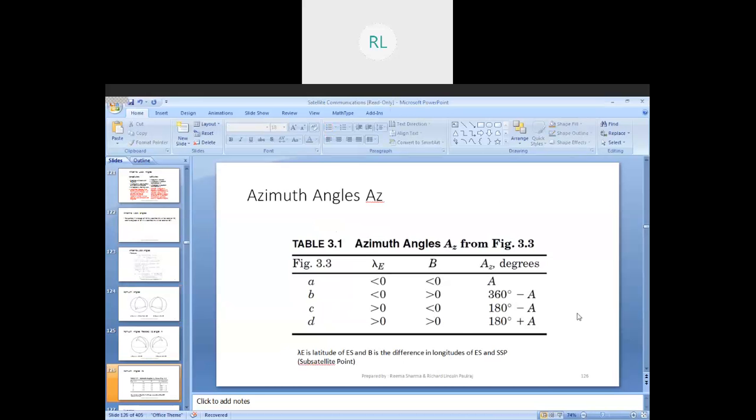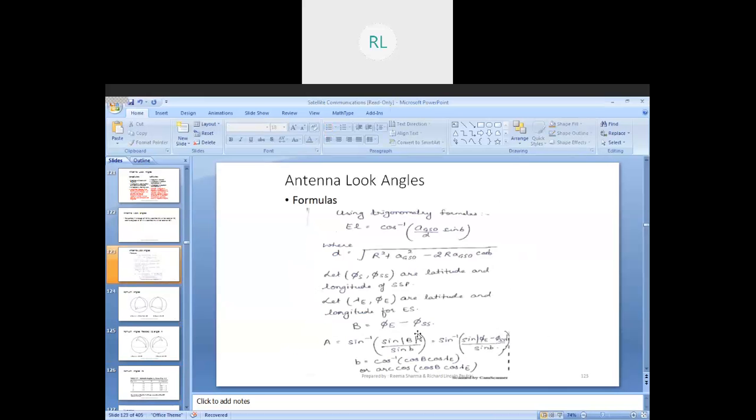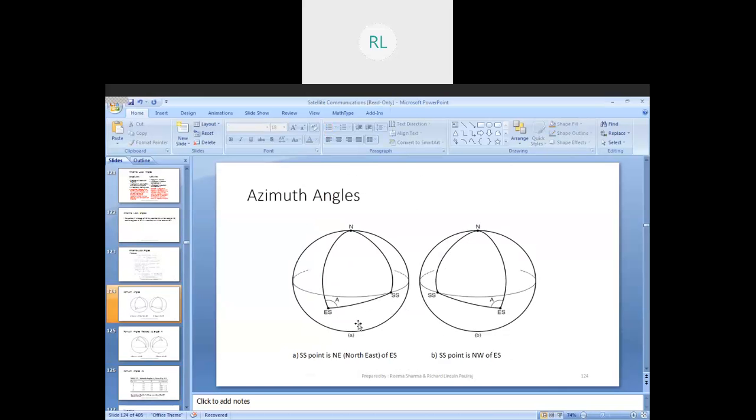So there are some standard values to be kept in mind. Remember, I told you the value of A, B, C, D. Now, whenever your lambda E is less than 0 and B is less than 0, your azimuth angle, represented as AZ, is A. Suppose in the next case, it's less than 0 here and greater than 0 with case B. What is this B?